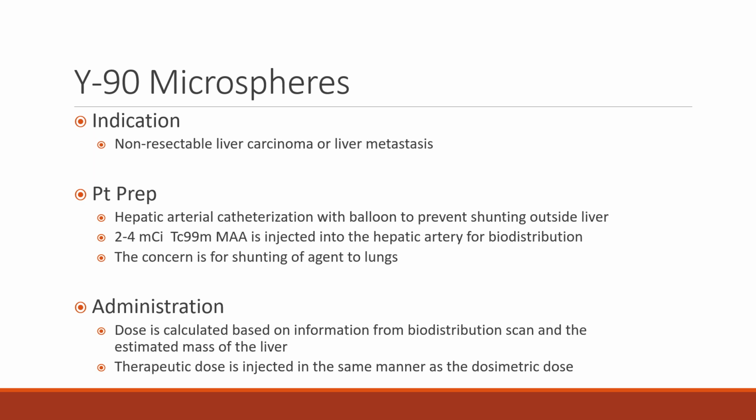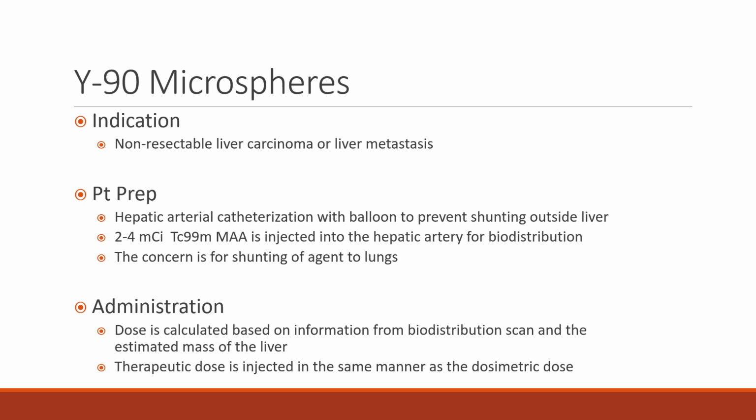And the MAA is used to make sure that there's not going to be too high of a dose that goes to the patient's lungs and just kind of map that therapy. So it's a theranostic because we image with the MAA just to see where the therapy is going to go and then help determine the dosing. And then we administer the microspheres.